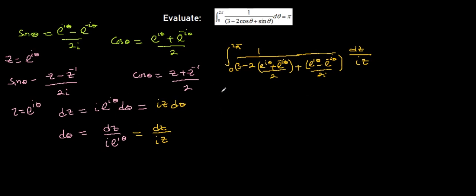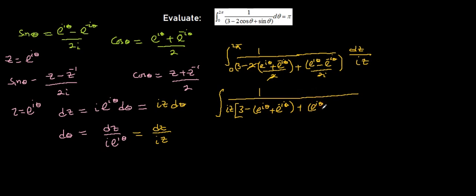So we have this to be the integral of 1 divided by, let me bring this to this side for convenience sake, then we have 3 minus, to open this bracket, we divide 2 here, and we'll be left with exponential i theta plus exponential minus i theta plus exponential i theta minus exponential minus i theta divided by 2i, and we have the dz.